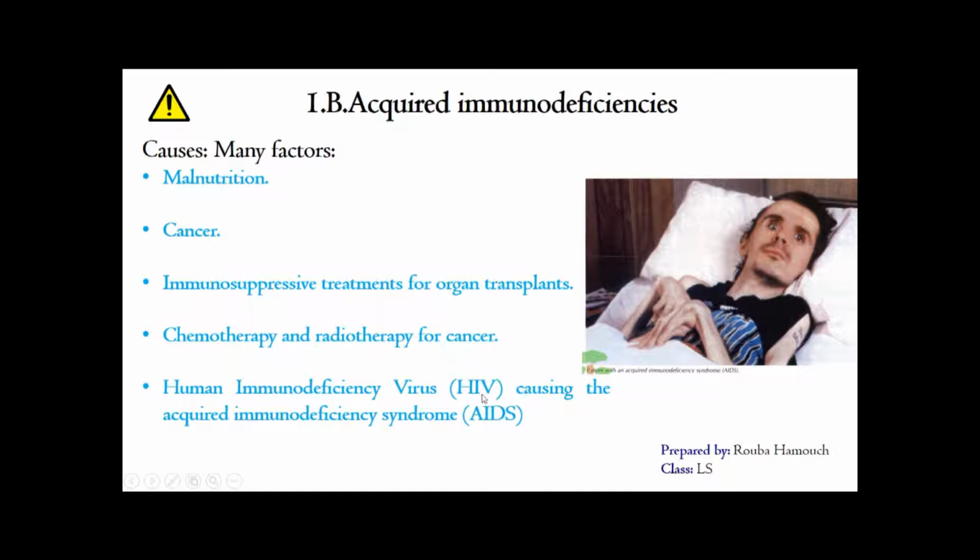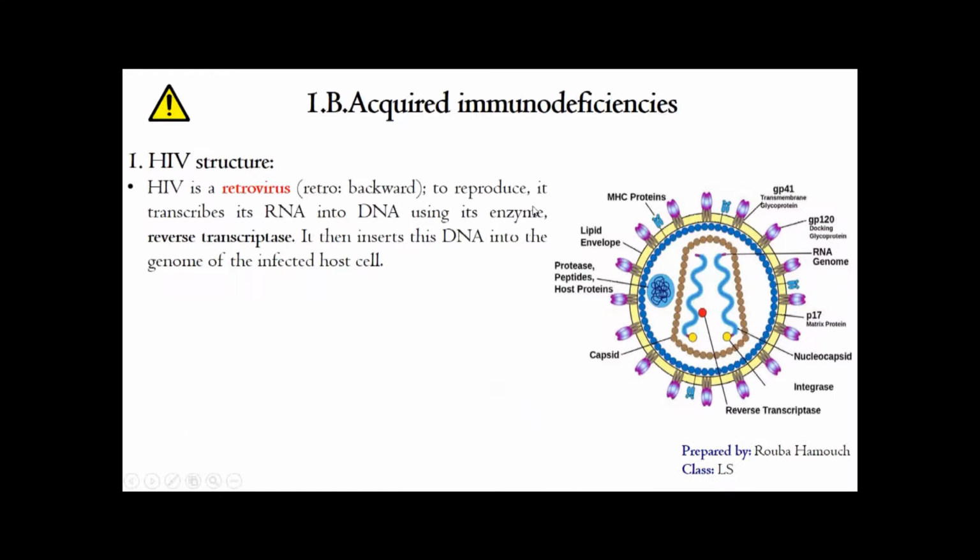How does HIV lead to acquired immunodeficiency? So first, let's study the HIV structure. HIV is a retrovirus. Retro means backward. This means that in order to reproduce, the HIV transcribes its RNA into DNA. So the genome of the HIV is made up of RNA molecules instead of DNA.